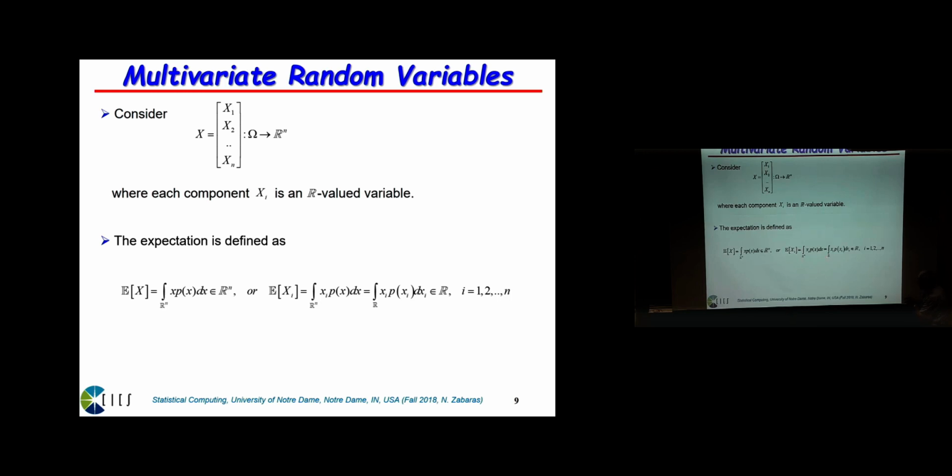Because effectively this requires integration in x1, x2 to xn, so you integrate all the variables out except xi, and you get back to the classical definition. Okay? So if you write the expectation of xi this way or that way, it's the same thing. Just remember that p of xi is the marginal of p of x, where everything else except xi is integrated out.